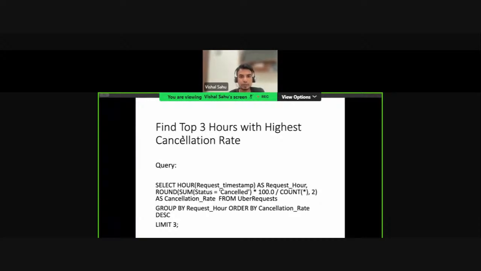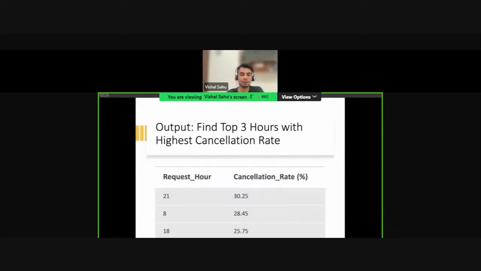I want to find the top three hours with the highest cancellation rate. I would get this by extracting the hour from the request timestamp, and then calculating the cancellation rate as we did before. Here is my output. As you can see again, during the evening time or the peak hours in the morning, when it is office commute time and when people come back from office, we have a major cancellation rate.